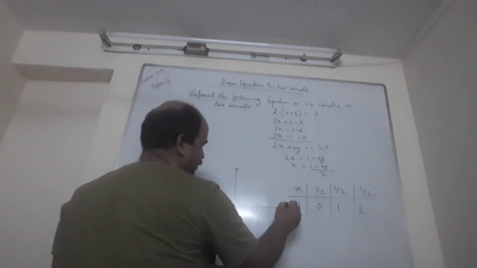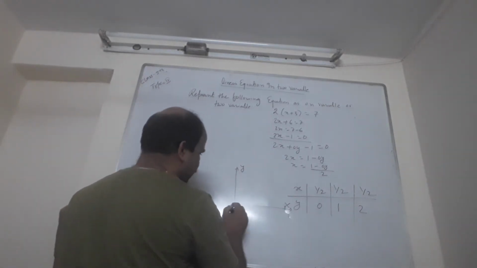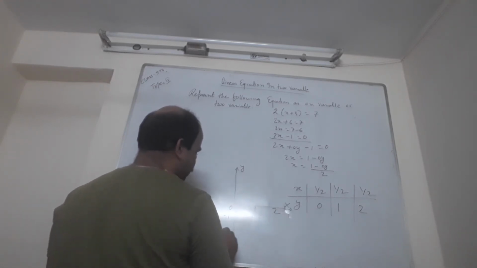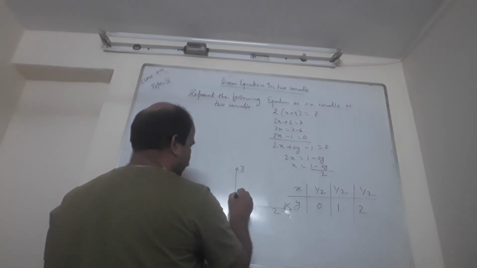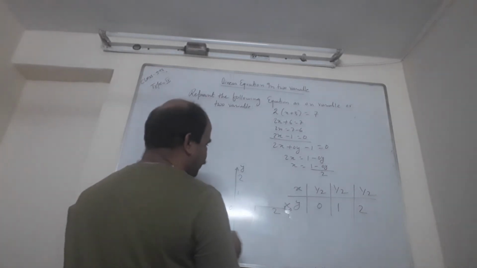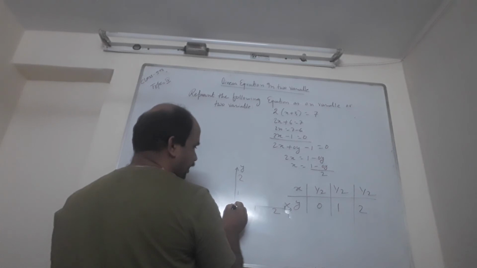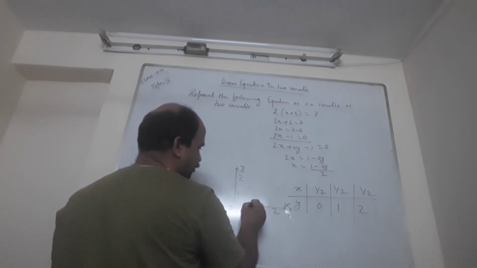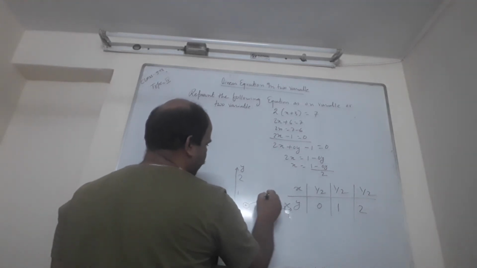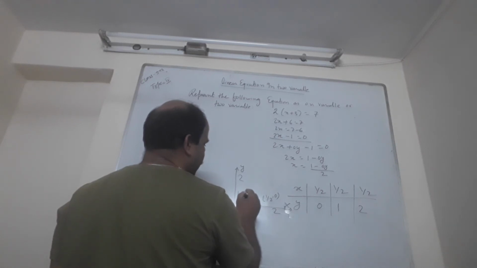So we draw the x-axis and y-axis with values 0, 1, 2, minus 1, minus 2. Here, if we take y equal to 0, then x is 1 by 2. So this will show the point 1 by 2, 0. Then we take y equal to 1.